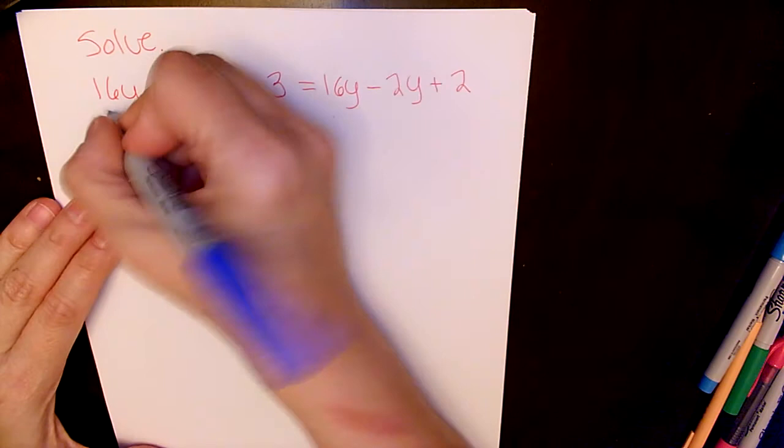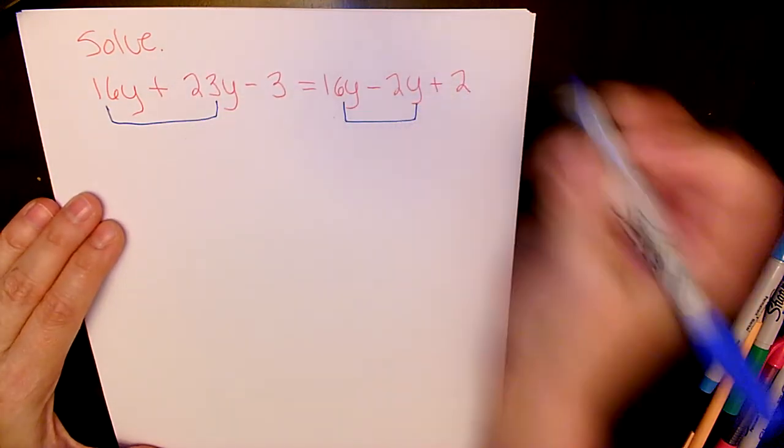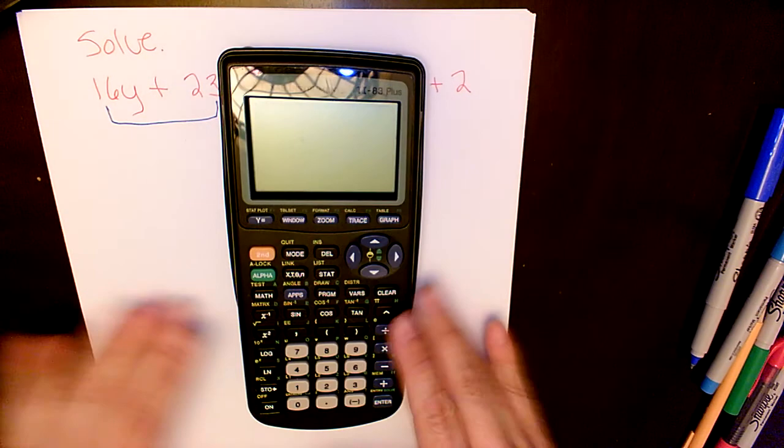Let me underline. I've got some like terms here and some like terms there. So what's 16y plus 23y? You can add those two together, or you can punch them in your calculator.